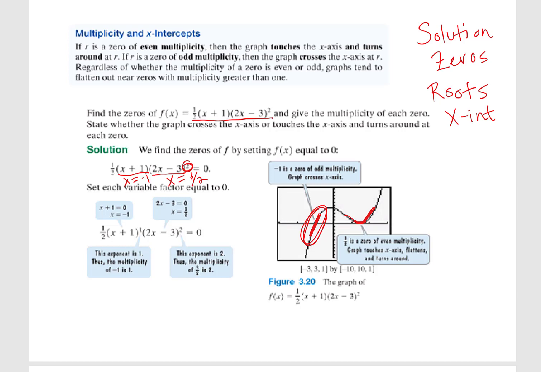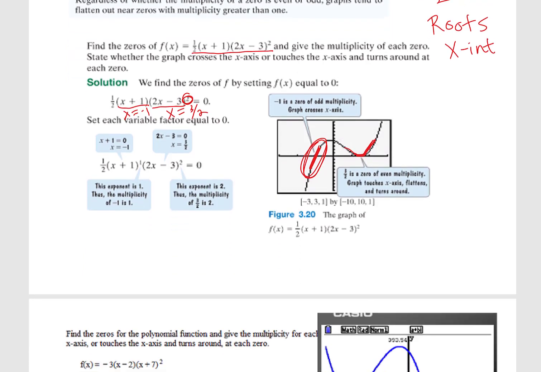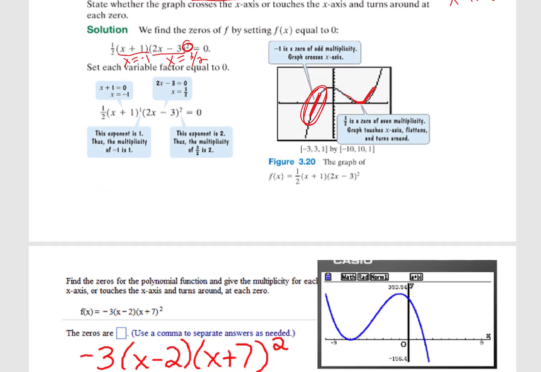Now, this polynomial function has 3 solutions, and sometimes that could be confusing if people just say, wait, hold on, I only see it touch the graph at -1 and 3/2, but because it touches and turns around at 3/2, then we're like, oh yeah, that has a multiplicity of more than just 1. In this case, it has a multiplicity of 2.